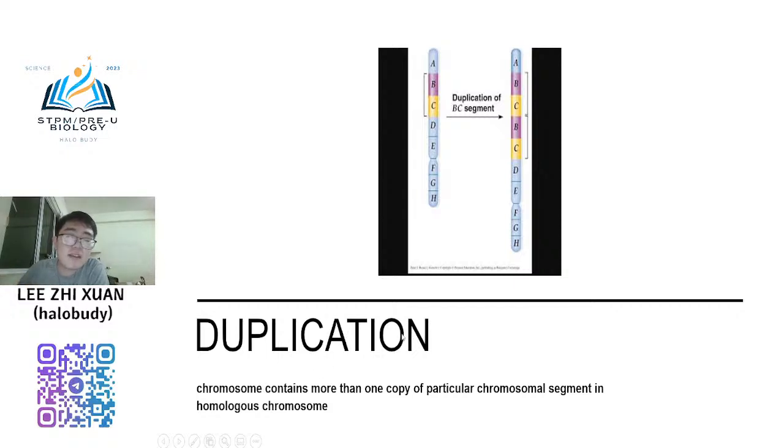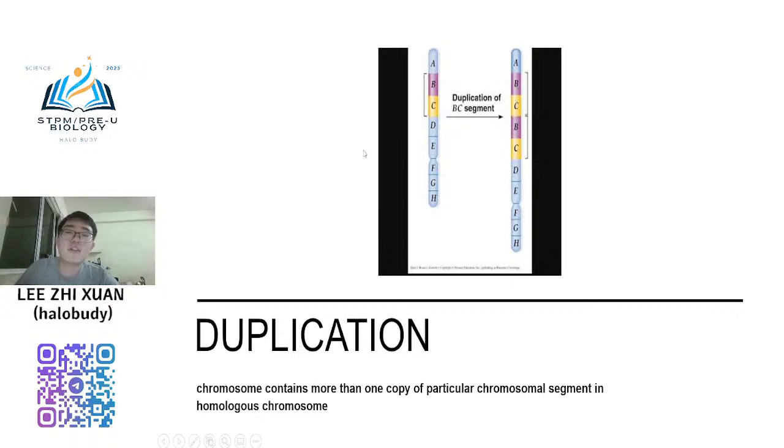So it means the chromosome contains more than one copy of a particular chromosome segment in a homologous chromosome. If you see here, actually A, B, C, D, E, and then B and C make a copy. B and C are copied here. So after mutation, it will contain A, B, C, B, C. So B, C has made a copy.